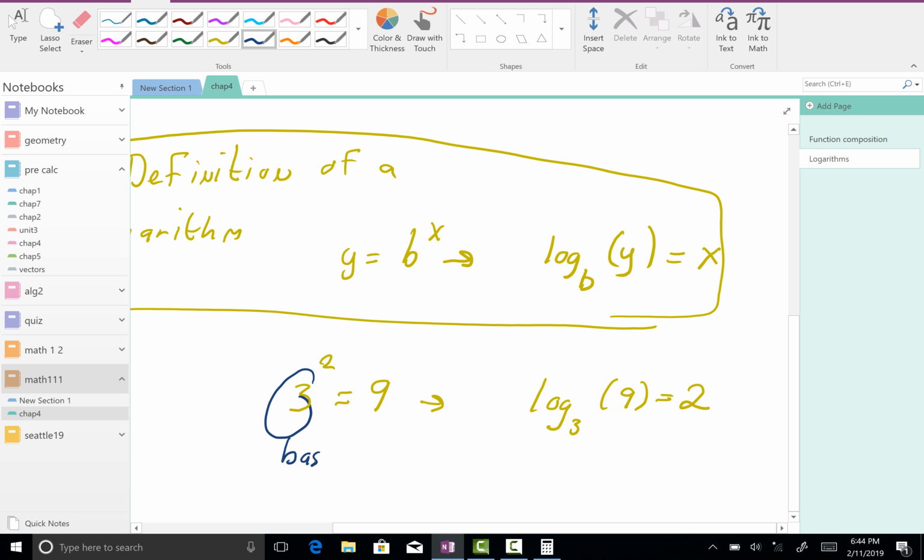It's always going to be the base of the logarithm. And basically, the x's and the y's here are switched. So like 2 is normally your x, but over here, 2 is our y. 9 would be the y, but over here, it's our x. So they kind of switch. That's what's happening there.